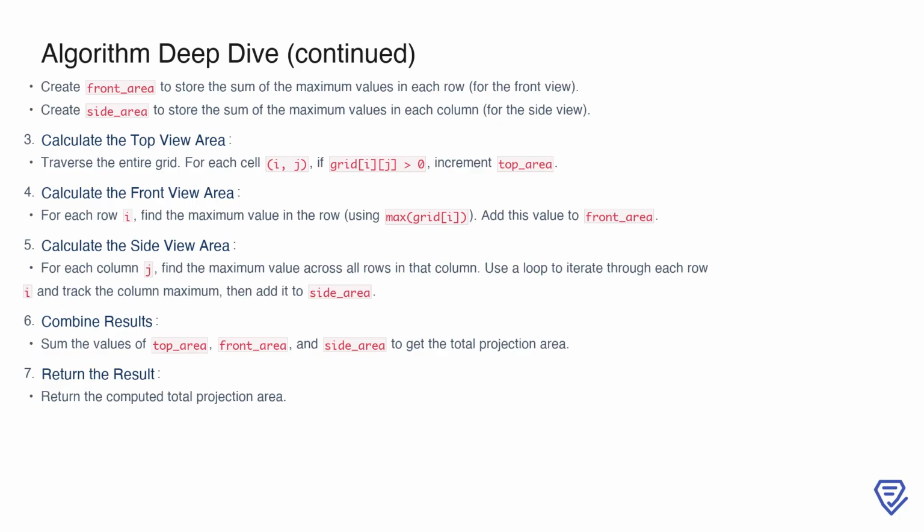Finally, for the side view area, we calculate the maximum height in each column. By iterating through all rows for each column, we track the maximum value and add it to side_area. Once these calculations are complete, we sum the three areas, top_area, front_area, and side_area, to get the total projection area, which we return as the result.